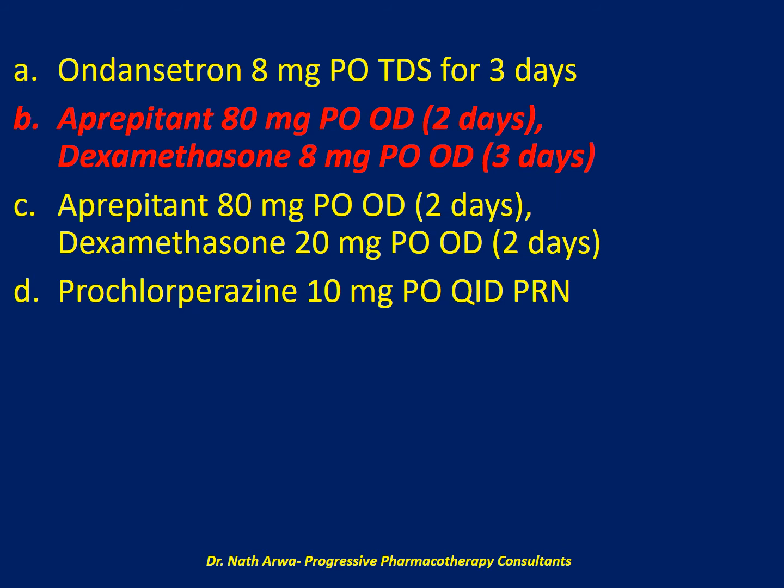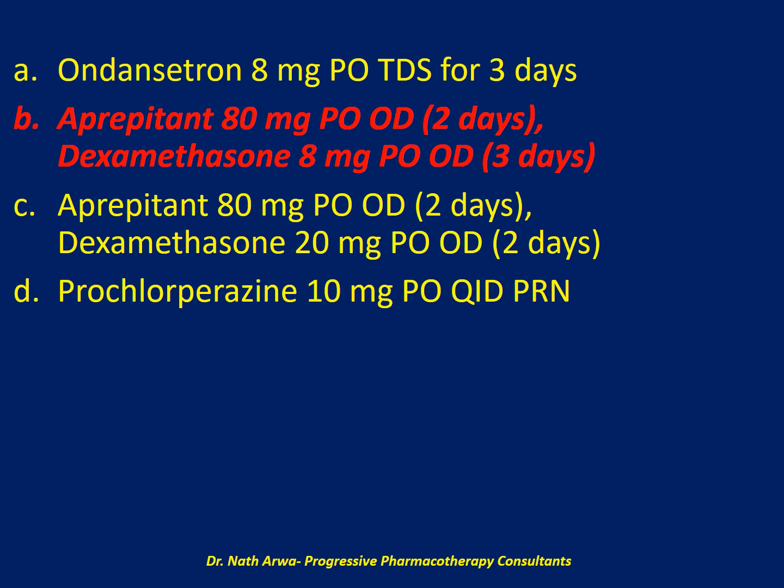Dexamethasone should be administered for the next 3 days, and the dexamethasone dose depends on whether they received aprepitant or not. Remember, aprepitant inhibits the metabolism of dexamethasone. Therefore, the delayed dexamethasone dose is reduced to 8 milligrams once or twice daily when co-administered with aprepitant to avoid toxicity.